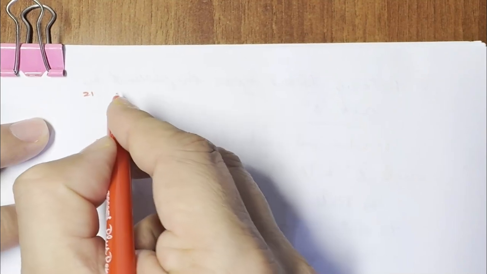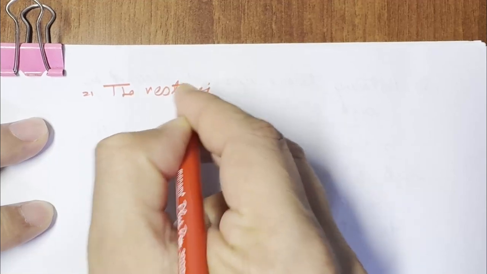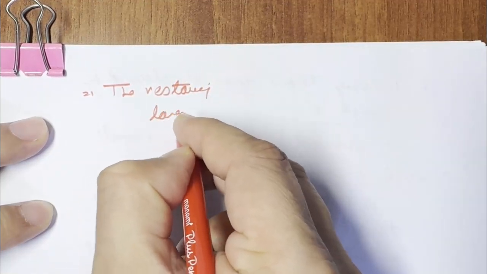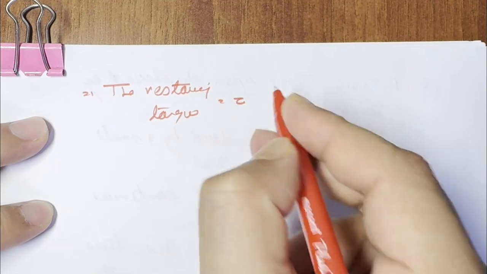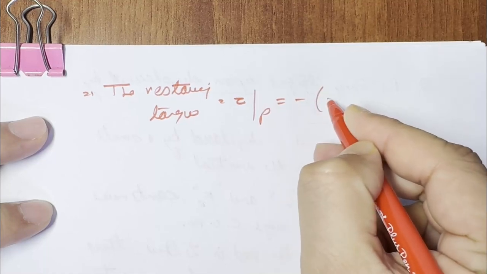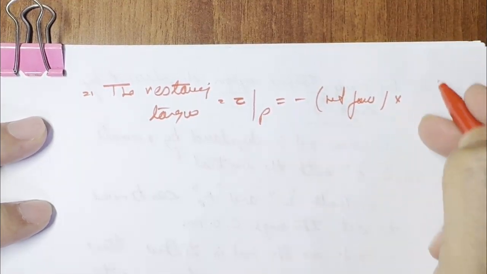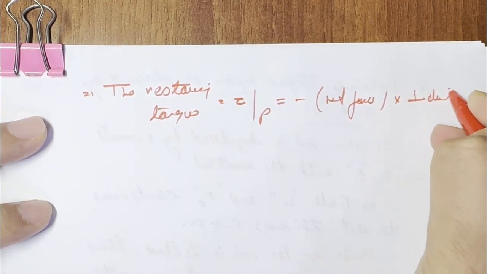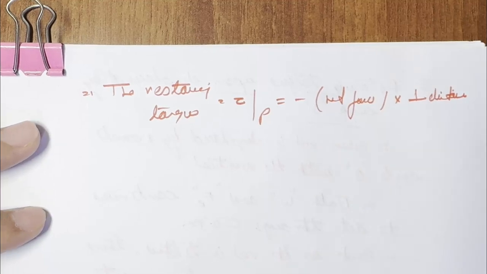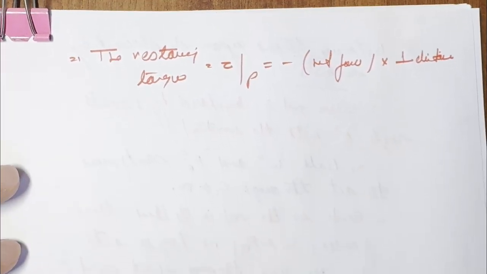So you can write restoring torque tau about point P equals minus net force multiplied by the perpendicular distance. That's a standard formula for the torque.